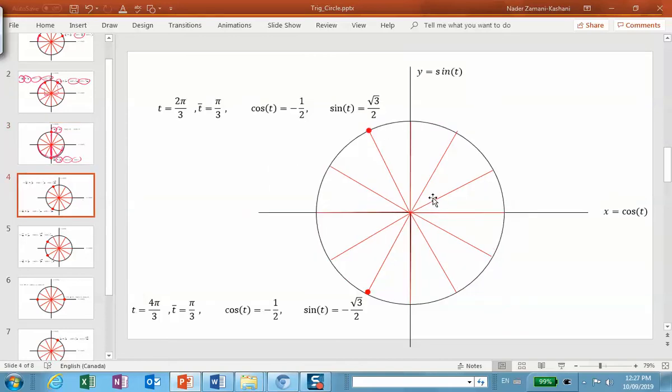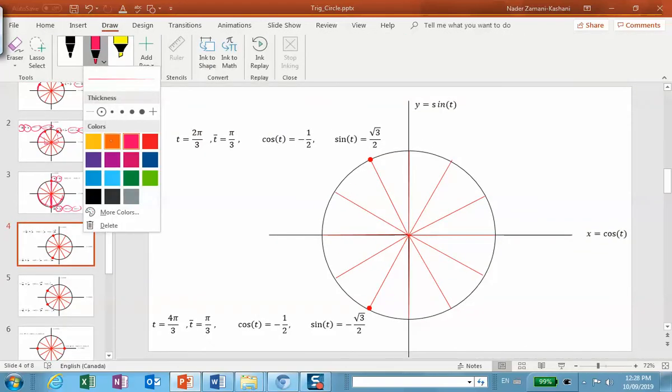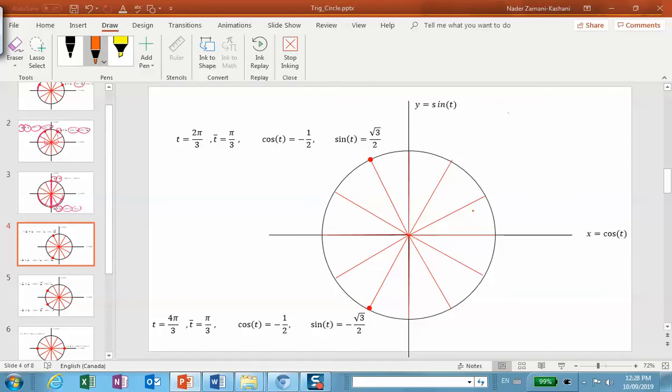This value of t is 4 of these. So 4 times pi over 6 is going to give you 2 pi over 3. The reference angle is that much, the shortest distance to the x-axis, which is pi over 3.